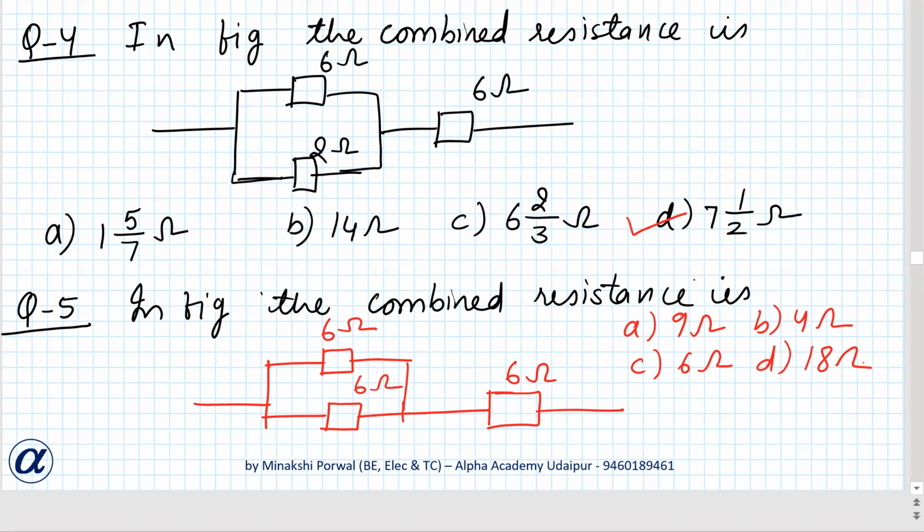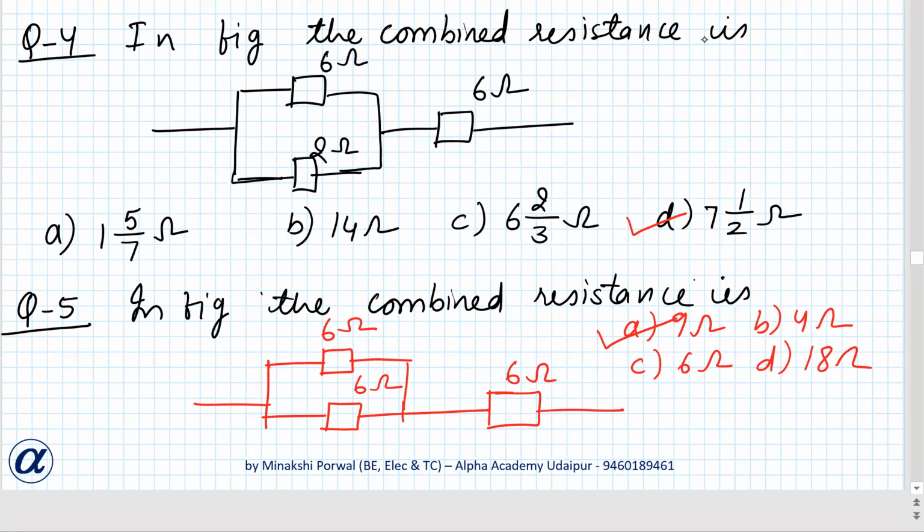Ma'am, option A, 9 ohm. Yes, I heard. 1 minute, I am checking. Okay, right. A option is correct. Good. 9 ohm. A is correct. Hina Limani are also typing.